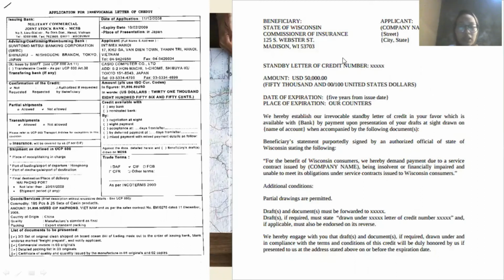Next part is the letter of credit number, but it is censored. Next part is the amount of funds available, which is 50,000 US dollars. Next part is the date of expiration, 5 years from issue date, and the place of expiration is our counters.